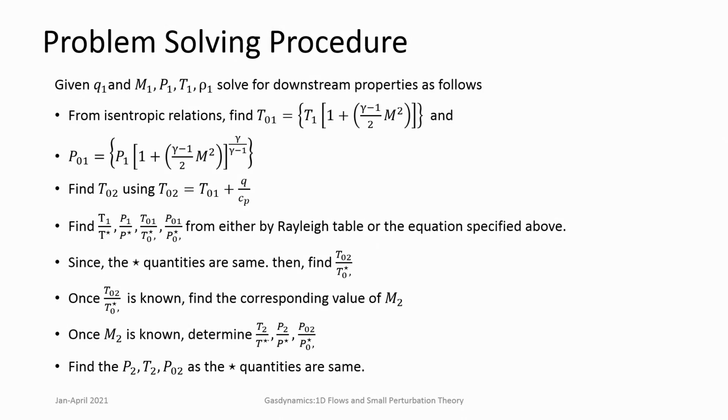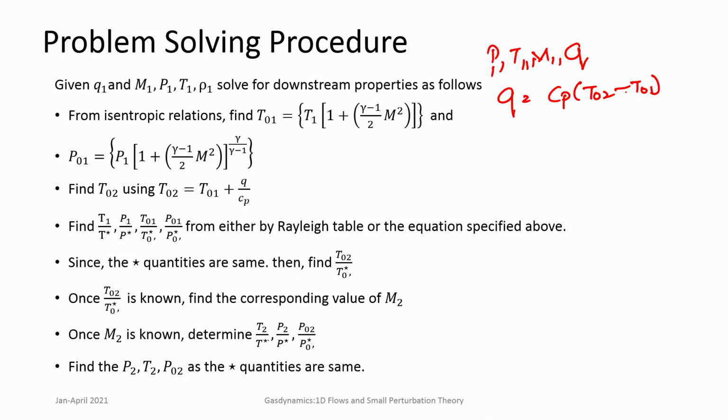Okay, so how do we go about solving this problem? Suppose we know the initial conditions, pressure P1, T1 and M1, and the heat added Q is known. So, the basic equation is Q is Cp T02 minus T01.